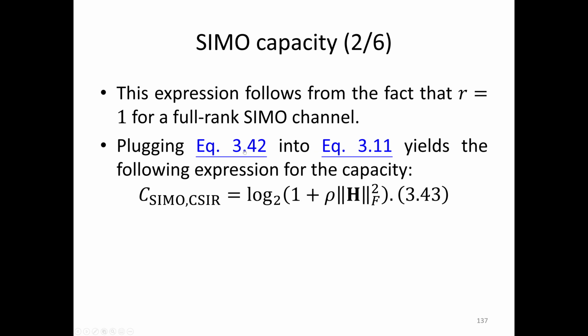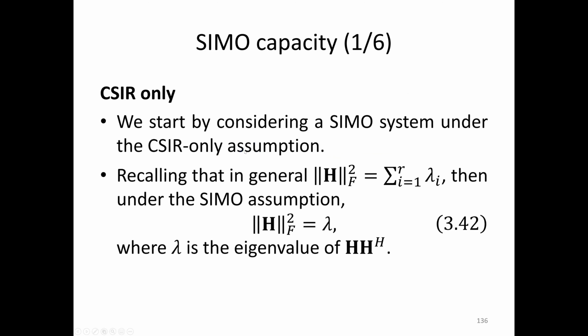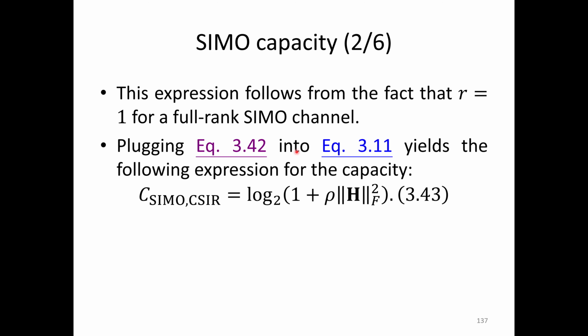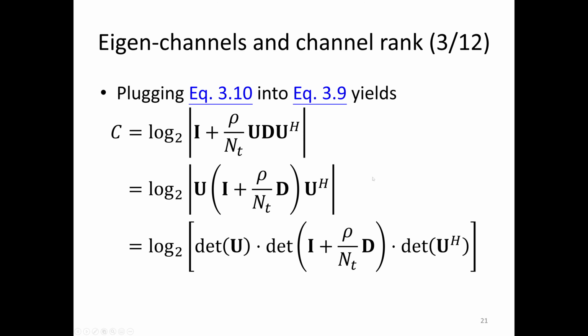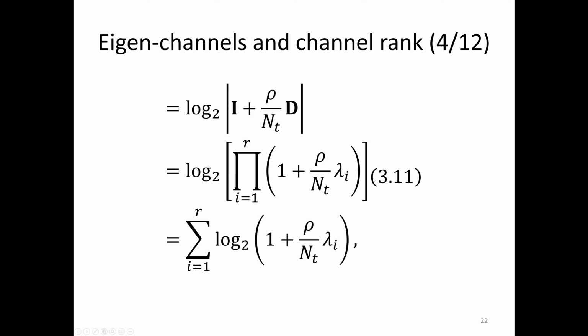Plug in equation 3.42. The square of the Frobenius norm of H is equal to lambda, into equation 3.11. Let us go to equation 3.11. In equation 3.11, the capacity is equal to the summation, i equal to 1 to R, of log 2 of 1 plus rho over NT, times lambda i.